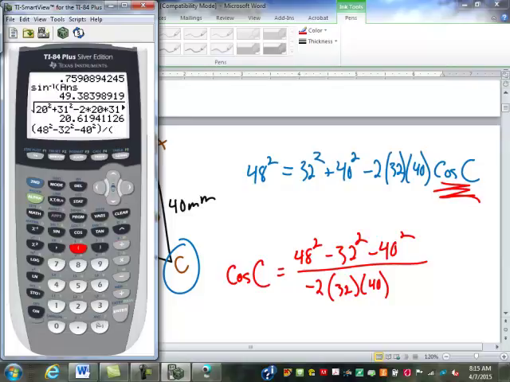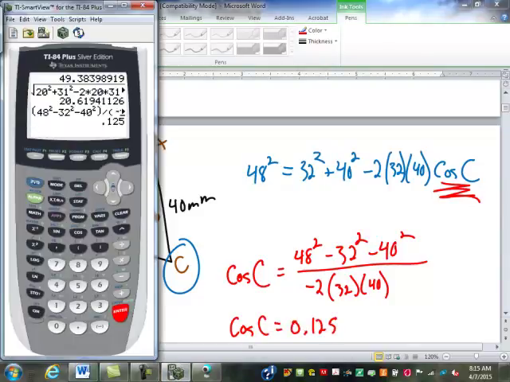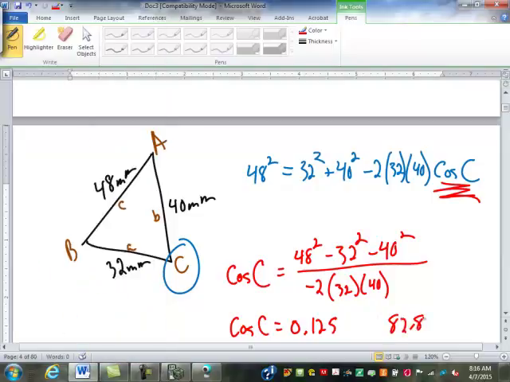Make sure you use the negative and not a subtraction symbol. Negative 2 times 32 times 40, close my parentheses, equals 0.125. So cosine of C is 0.125. So inverse cosine, 82.82 degrees. That was angle C right here.